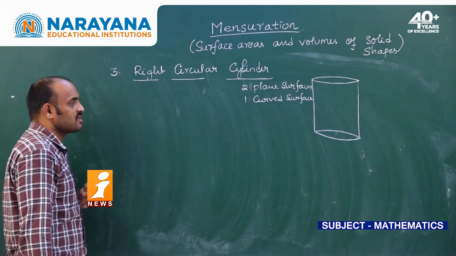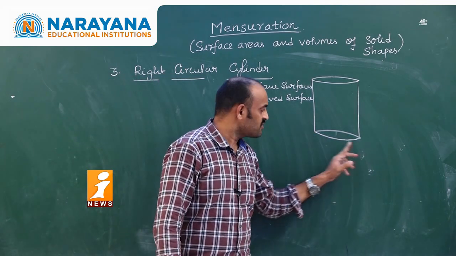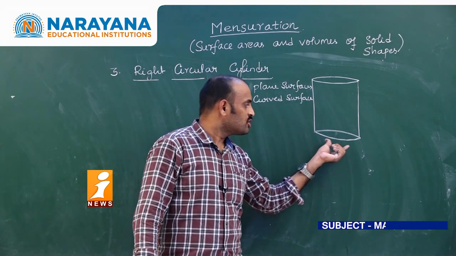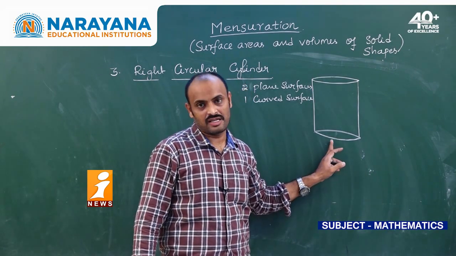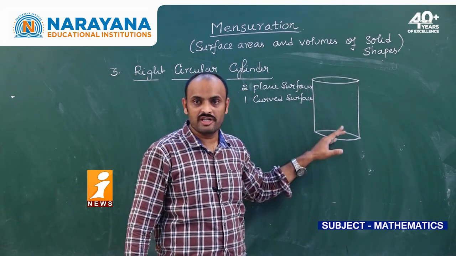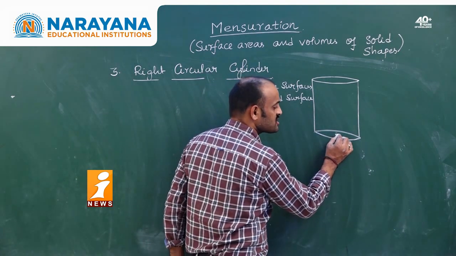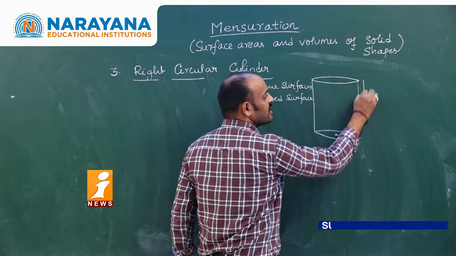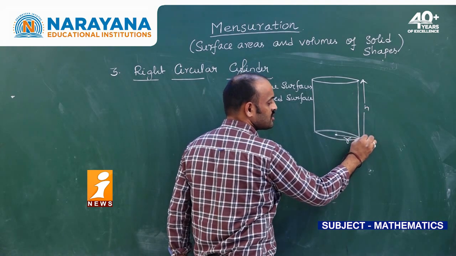First, what is the base of this cylinder? Both base and top are nothing but circles. So the circle radius is R and the height is H.